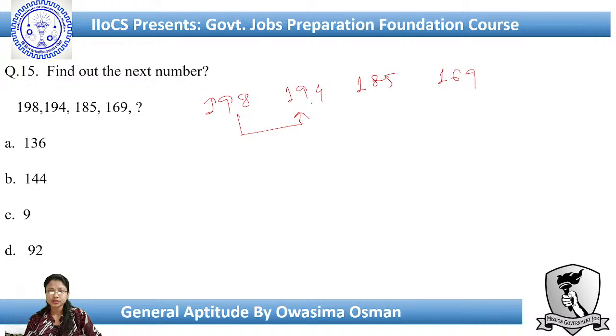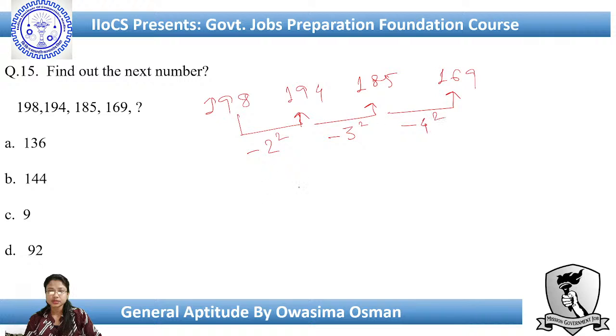Here we can see that 194 is less than 198 by 4, so we can write 4 as 2 square, and 185 is less than 194 by 9. So we can write 9 as 3 square, and 169 is less than 185 by 16. We can write 16 as 4 square.